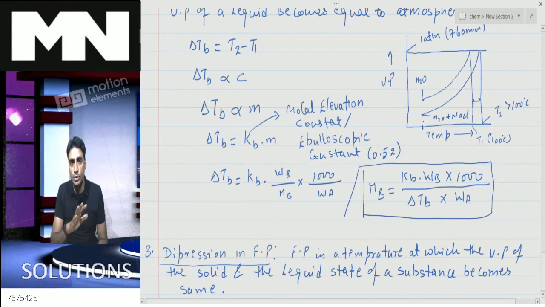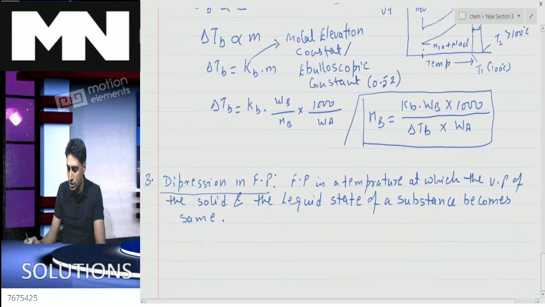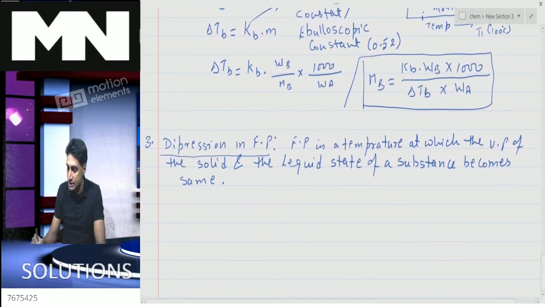For example, at 0 degree Celsius, the vapor pressure of water was equal to that of ice. But now when I have added some non-volatile solute, its vapor pressure will be lesser than that of ice. So it will not freeze at 0 degree. It will be much lesser than 0 degree. It can be -1, -2, -3, anything like that. I'll explain you that graphically. We'll see how it decreases.